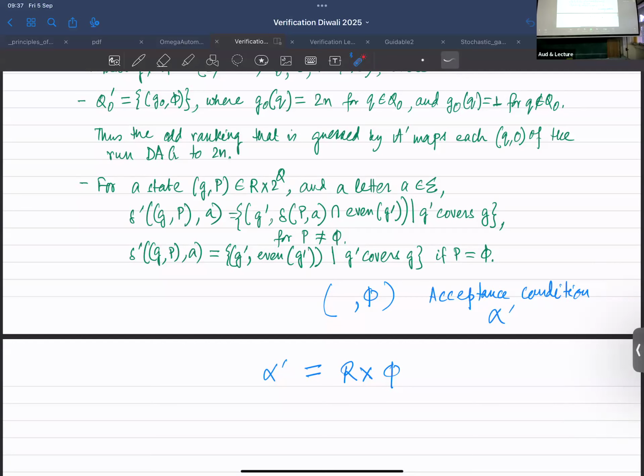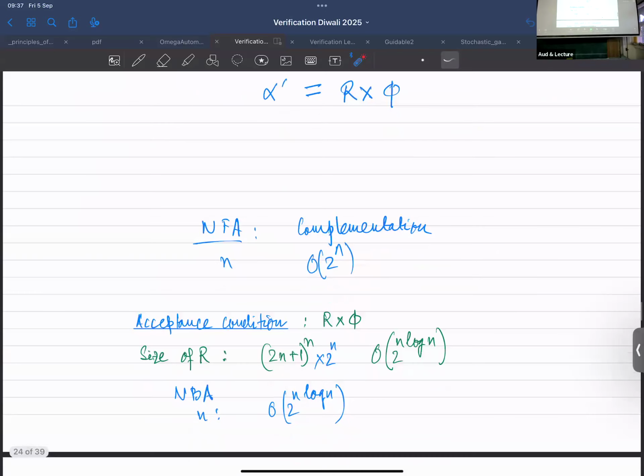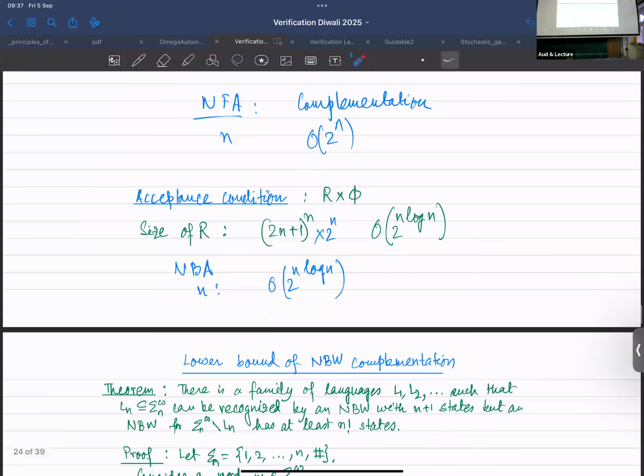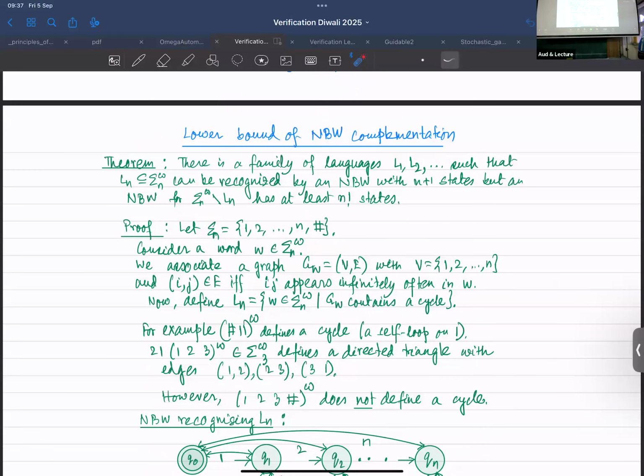And so today we will start with trying to show that this upper bound that we have is kind of tight, in the sense that you cannot have a much better algorithm.